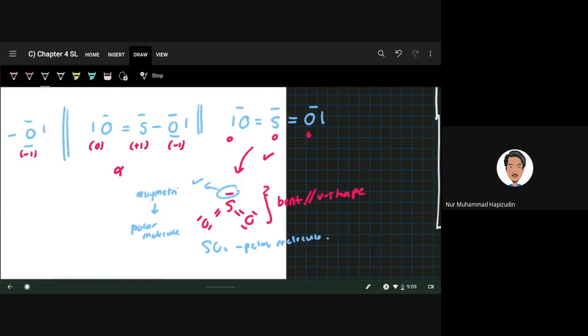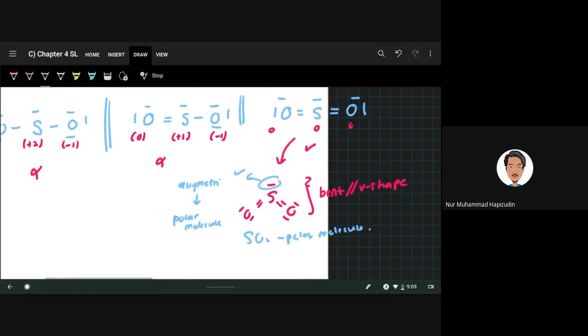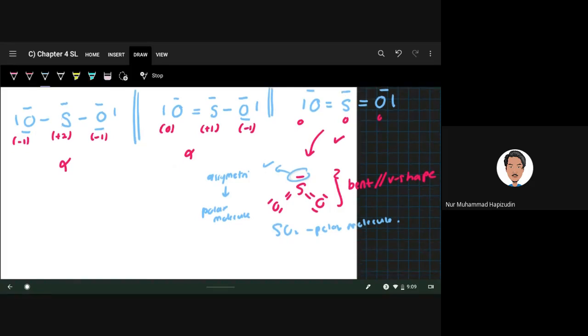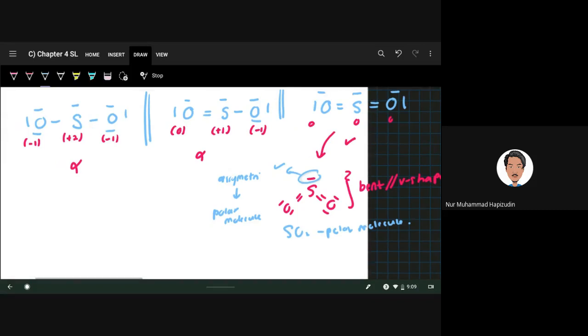So you have to make sure you can identify which one is a polar molecule and which is non-polar. But first, make sure you draw the Lewis structure and then follow the rule.